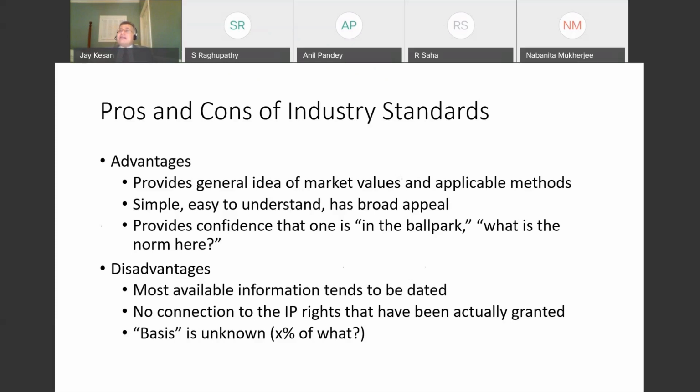Sometimes these percentages really have no connection to the actual IP rights that have been granted. So you have these numbers being thrown around, but you don't really know if this was an exclusive license or a non-exclusive license or an assignment, or what was really involved, or was there a patent, but along with the patent, there was some software, there was something else.